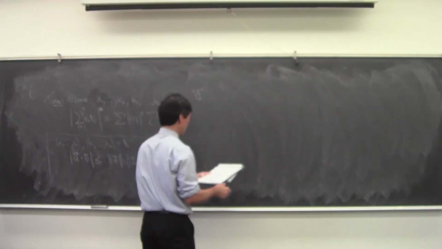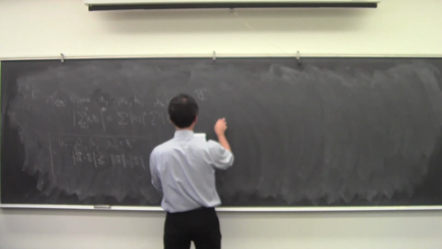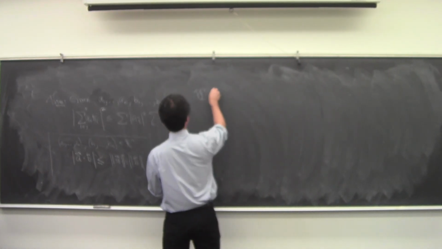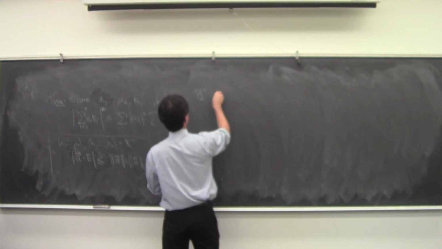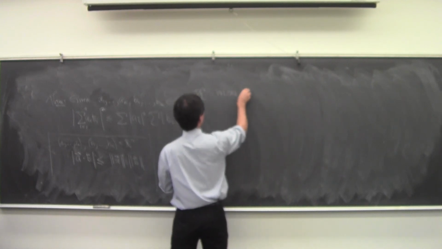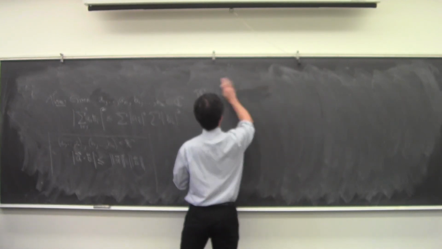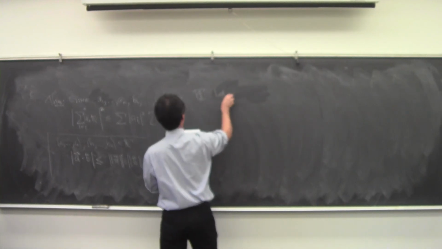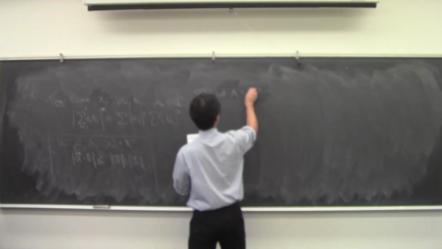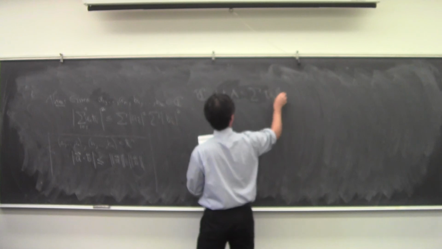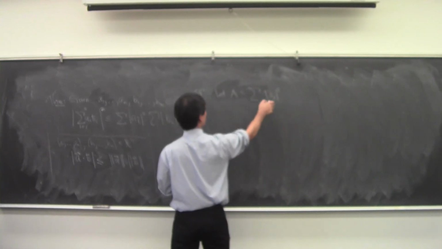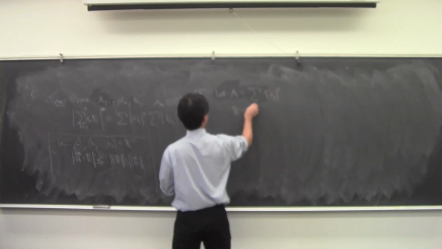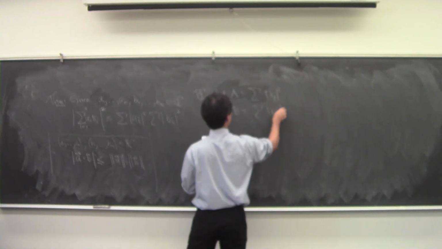Rudin gives a very terse proof. He says, well, okay, first off, without loss of generality, we can let A be the sum of the moduli of the Aj squared. Let B be the sum of the moduli of the Bj squared.